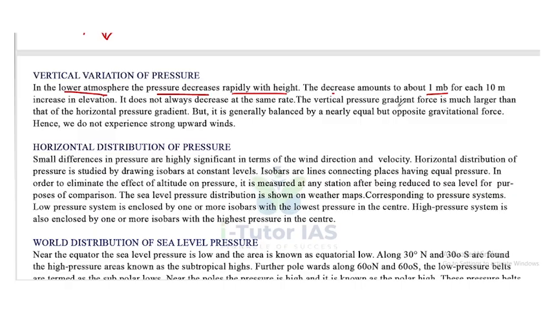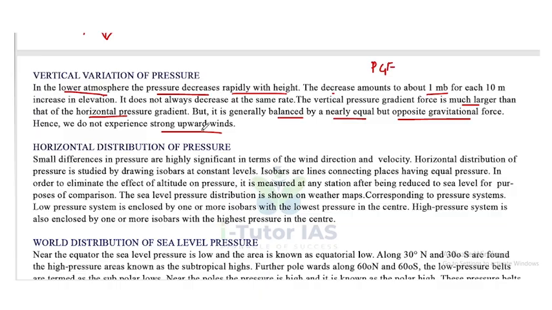The vertical pressure gradient force is much larger than the horizontal pressure gradient, but it is generally balanced by a nearly equal but opposite gravitational force. Hence, we do not experience strong upward wind.